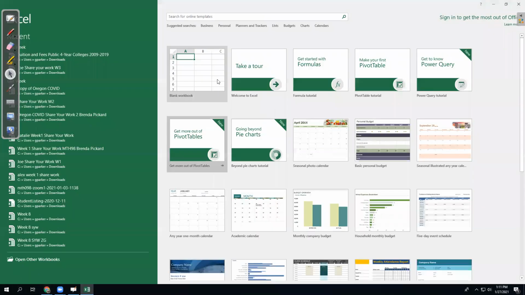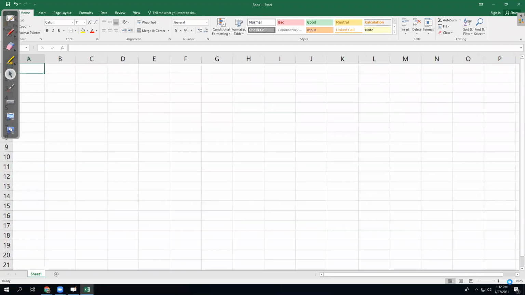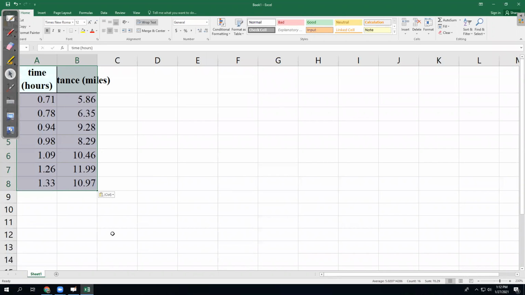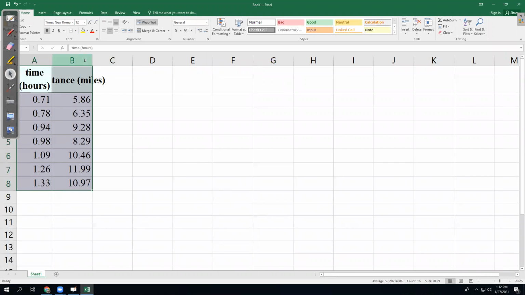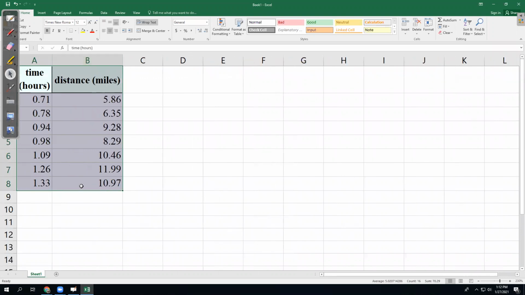All right, so I'm going to start with a new blank sheet. And let's blow this up so you can see it better. Should be big enough. And so if you copied it right, you should just be able to paste the stuff in there. Let's just make this a little bigger so I can read. There we go. And if they weren't already in order, what I would do is I would highlight all of it.